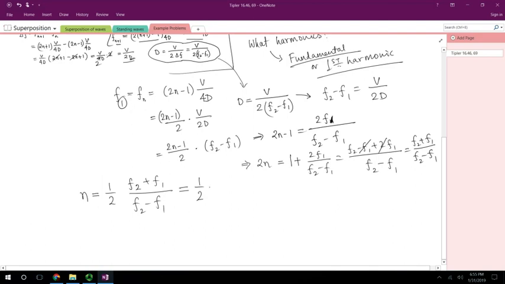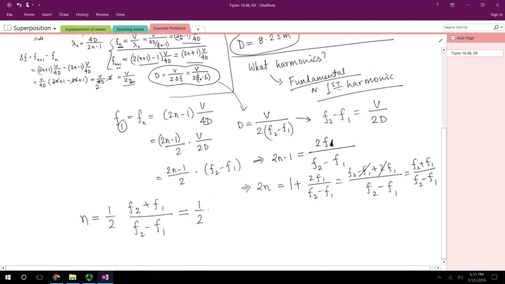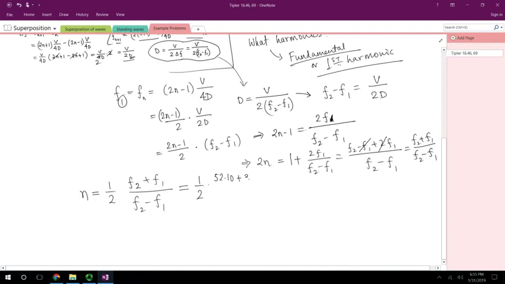So we have 1/2 multiplied by F2, which is equal to 52.10 hertz, 52.10 plus the other one, which was 31.26, divided by 52.10 minus 31.26.